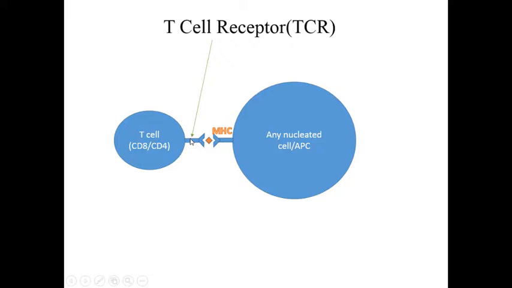Now what we have to understand is that CD8 T cells recognize only those protein antigens that are presented to them complexed with MHC class 1. So CD8 T cell is class 1 restricted, and CD4 T cells can recognize only those complexed with class 2 MHC. So CD4 T cell is MHC class 2 restricted.